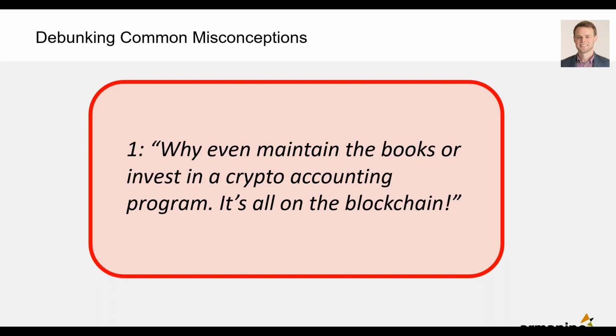So first of all, if you're using centralized exchanges, then your transactions will usually be pooled with other transactions that exchange is executing. And so you actually would not be able to trace your specific transactions back on the blockchain. But even if you could do that, what you want to keep in mind is public blockchains are synonymous.